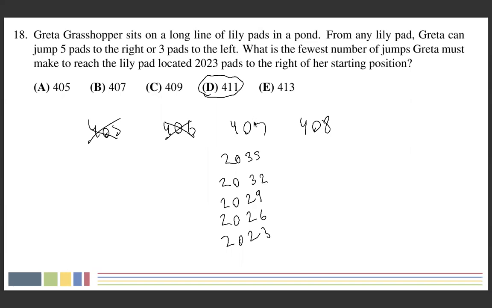If we jump greater than 407 times, then we're going to end up at a number greater than 2035, which is going to require greater than 4 hops to get back to 2023, no matter what, which means that we're always going to take more than 411 hops if we use more than 407 hops to the right, which implies that 411 is our minimum because there's simply no other sequence of hops that can achieve anything lower. So that's our answer.